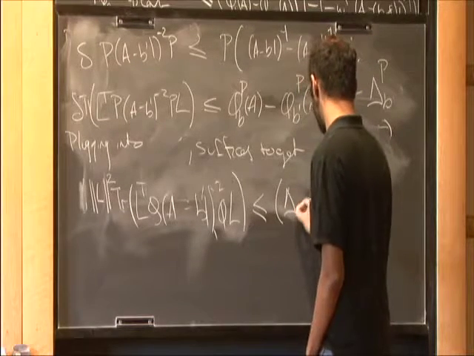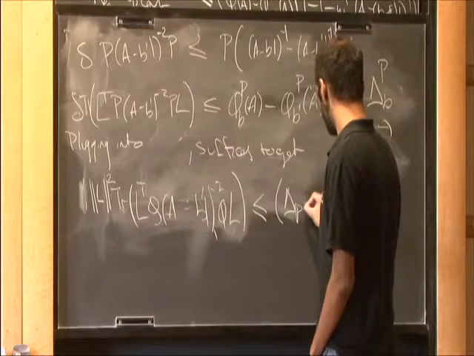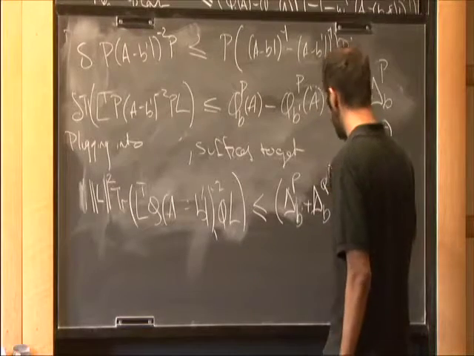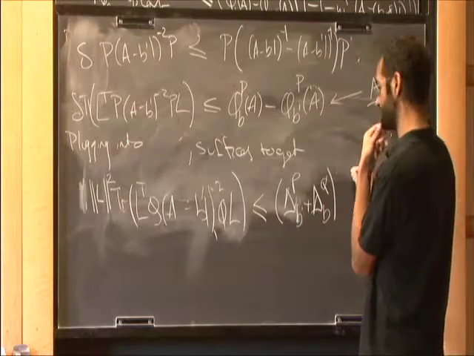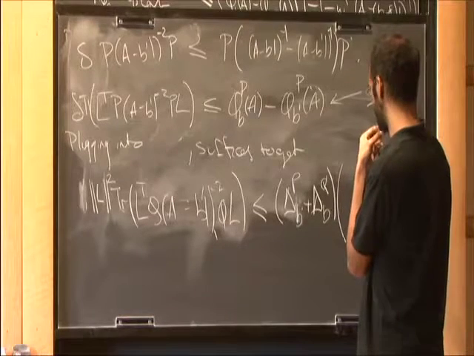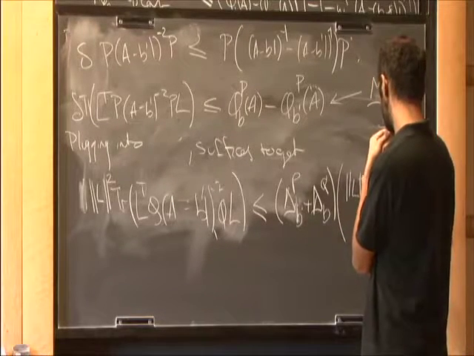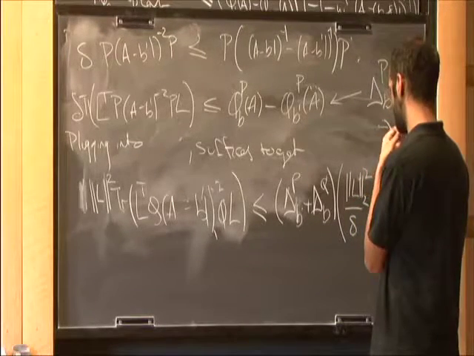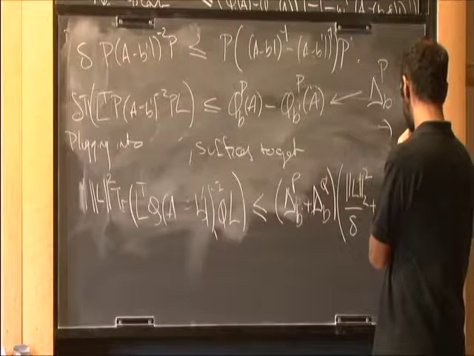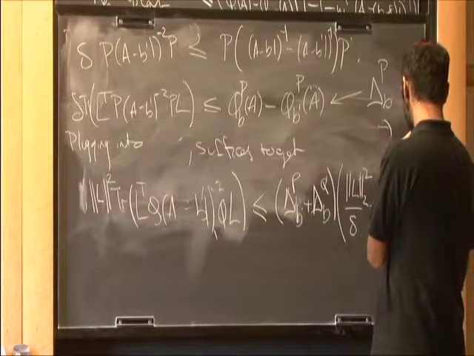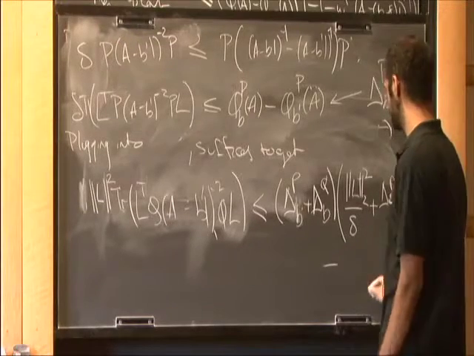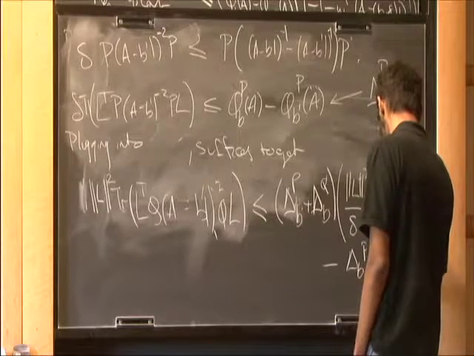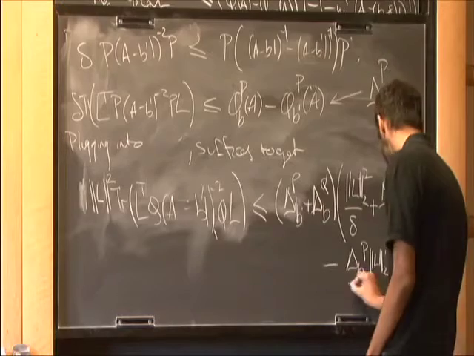So what I'll get is delta P delta B P plus delta B Q times this guy, plus delta B P plus delta B Q minus delta B P times the L2 part divided by delta.